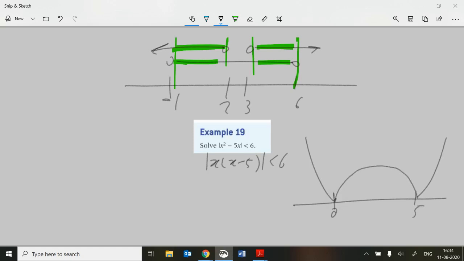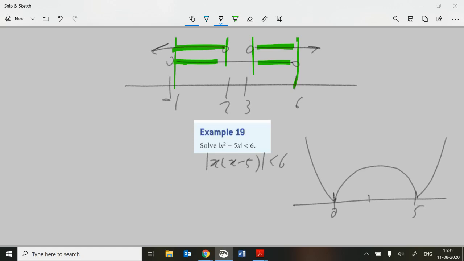Now the problem with me graphing this is I don't really know where the height of 6 is. The height of 6 could be up here, or it could be down there. However, I know where it crosses here, because we can see that there is this empty gap in the middle between 2 and 3.